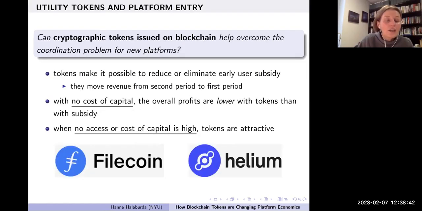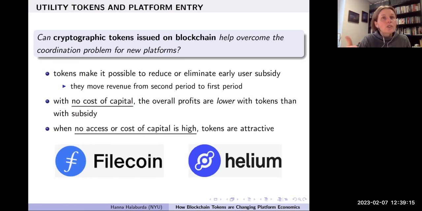So yes, in the model, in Appendix F, we have speculators. So what happens with speculators? They make those results stronger, because they move even more of this profit from the future to the present. And then they put even more pressure on the price as they are selling those tokens in the future.